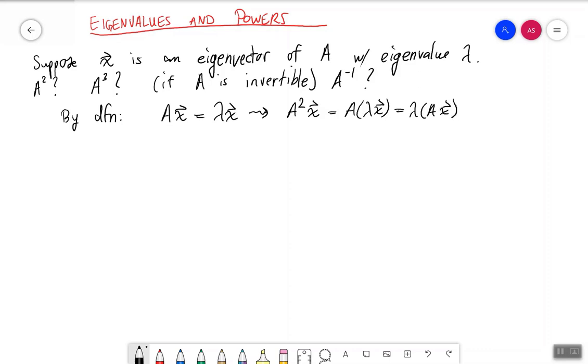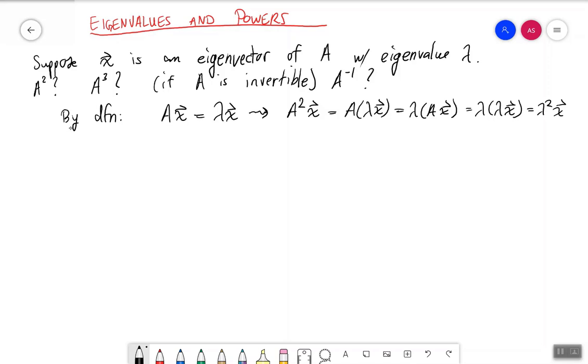But we know what Ax is. We know that from over here. It's lambda times x. So this is lambda squared x. So in other words, A squared times x is lambda squared times x.